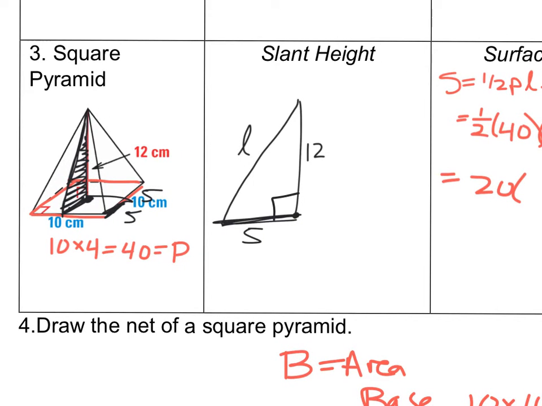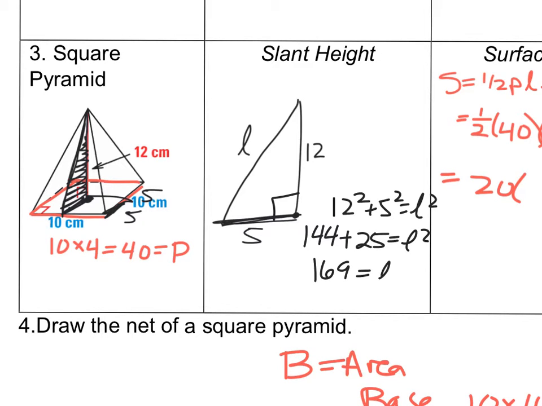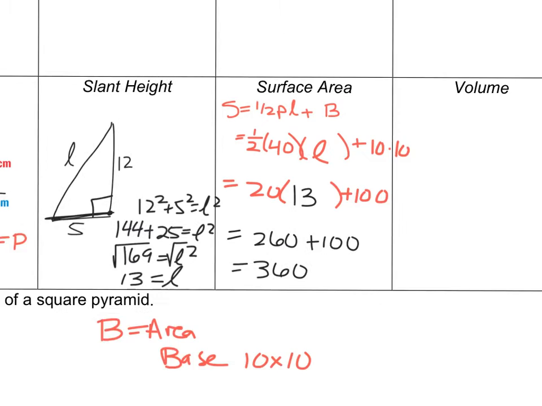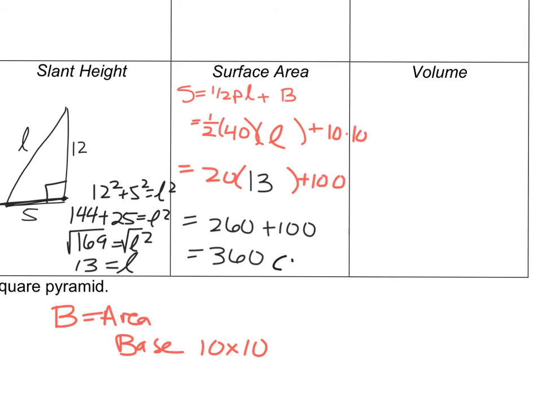And now you can do 12 squared plus 5 squared equals L squared, and find your slant height that way. This was in centimeters.